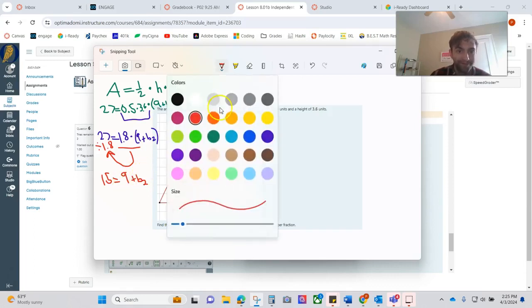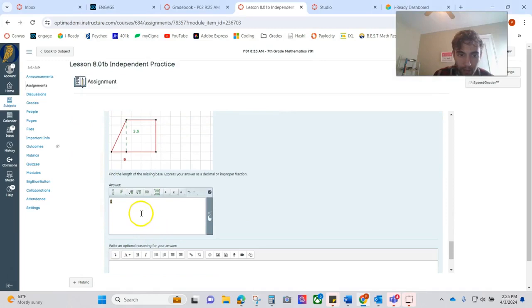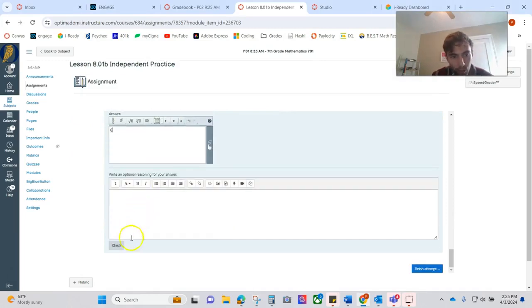What's our missing number? Maybe you can think it, maybe we need inverse operations. What is the opposite of plusing 9? Do the opposite math to the opposite side. Oh yeah, minusing 9. And 15 minus 9 is 6. 6 is our other base. And that kind of looks right too. That's 9, that's 6. That makes sense. That's reasonable.